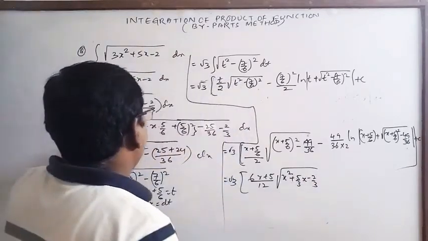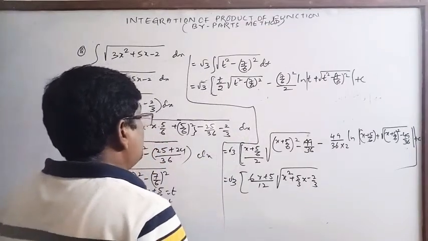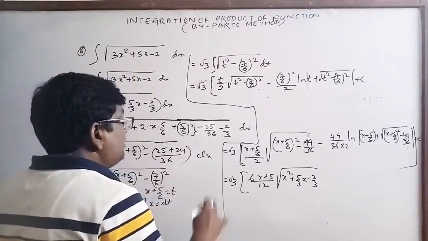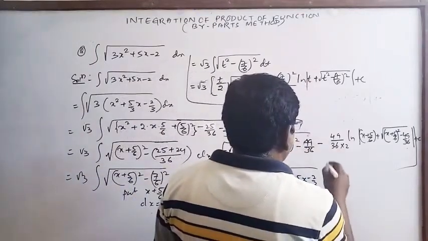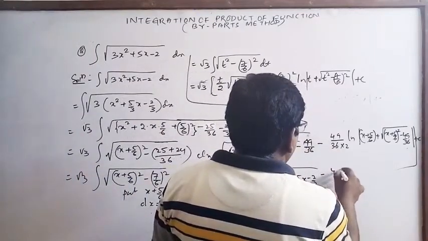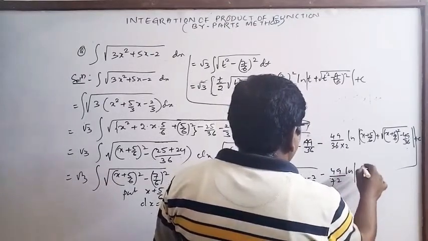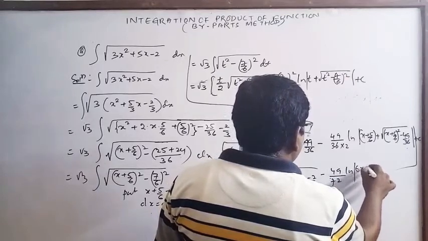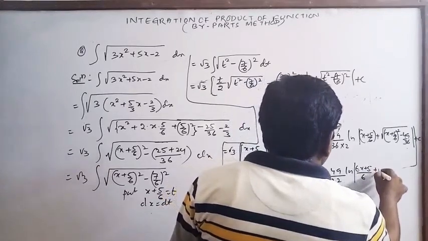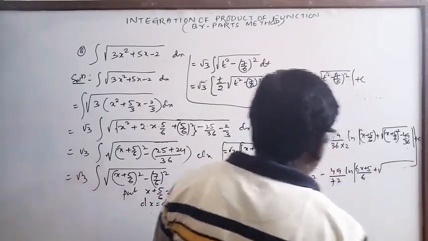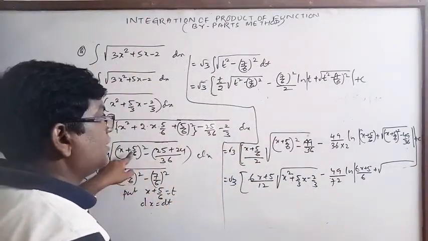Simplify this: x square plus 5 by 3x minus 2 by 3, and this is equal to 49 by 72 log of 6x plus 5 by 6, plus root over this amount.